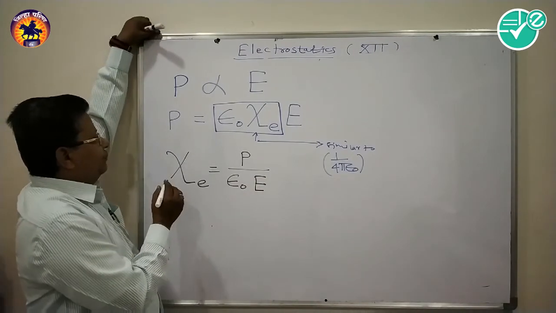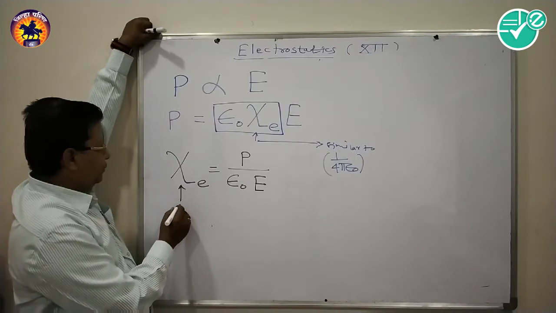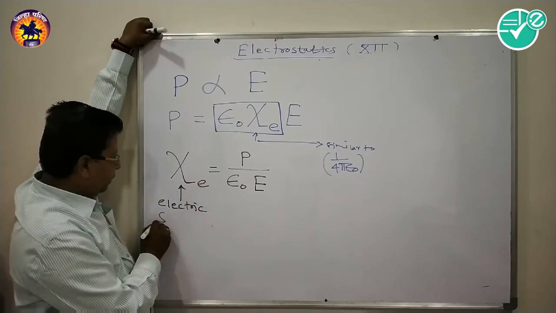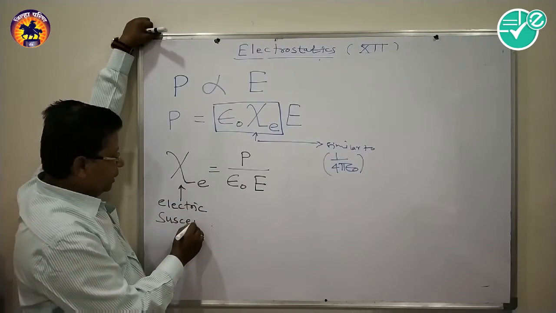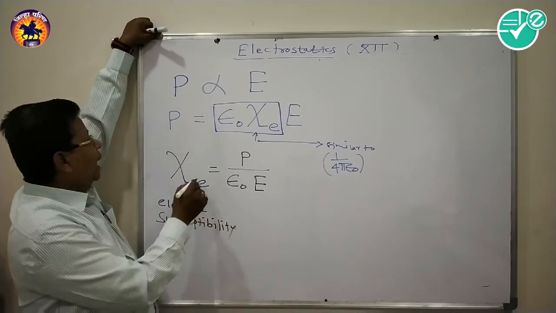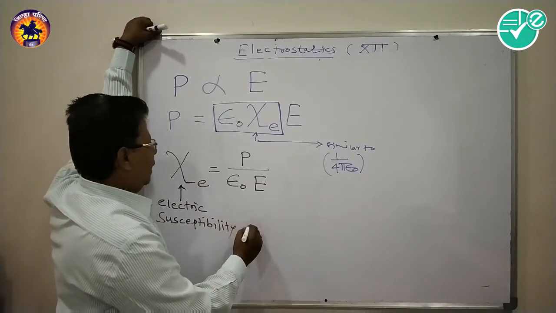In this equation, chi E is called electric susceptibility.